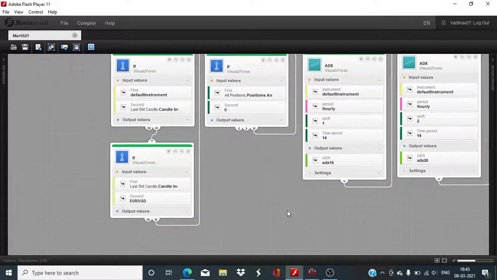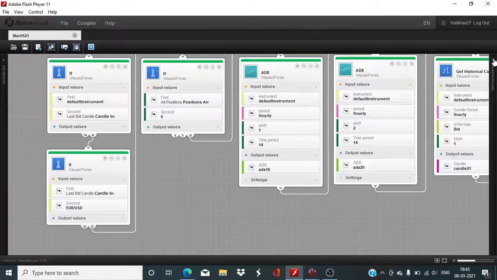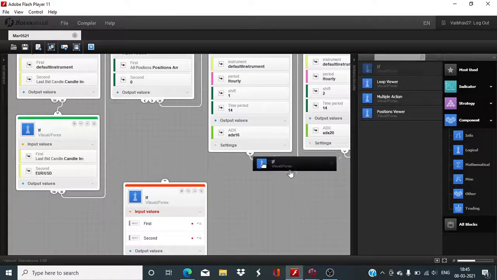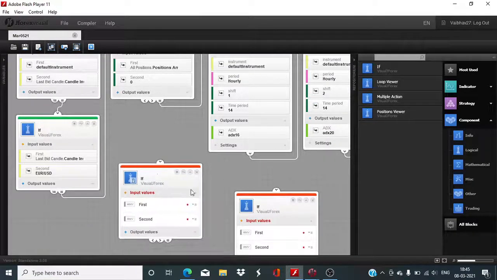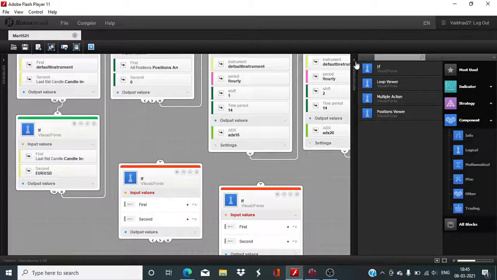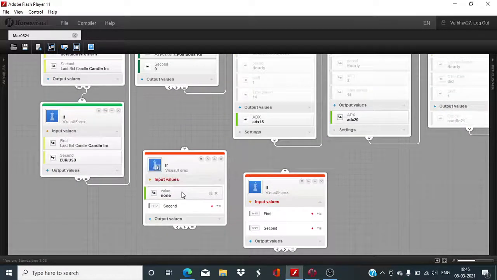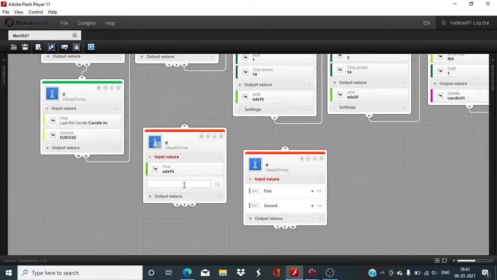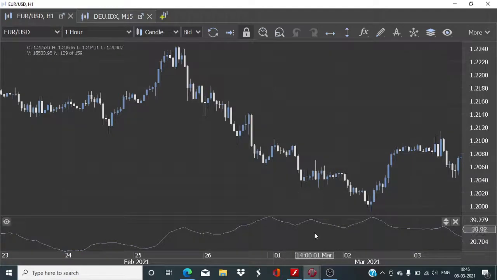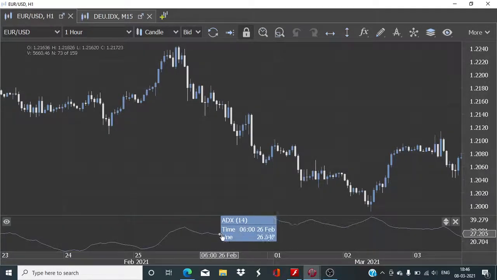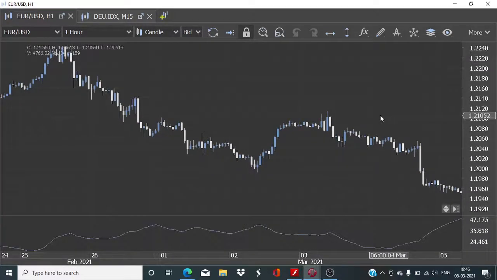Now for the buy trade we want the ADX value to be rising and it should cross above 25 just recently. For that, we want ADX 26 to be above 25. You can see in the plotting, we get this ADX value plotted after the last candle closes, and then we will be using these values to look if there is a good enough momentum.